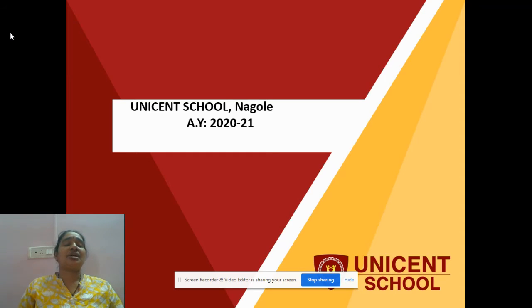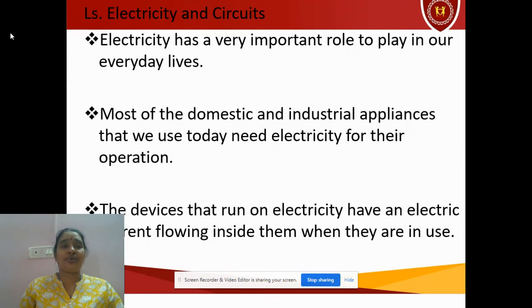Most of the equipment works with the help of electricity only. So today we will see about that. Electricity plays a major role in our everyday life. Whatever domestic and industrial appliances we use, we need electricity for operation.